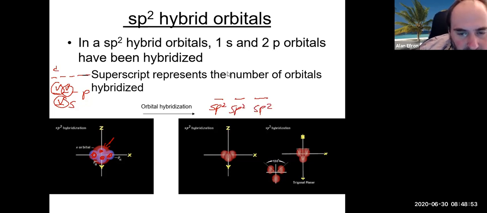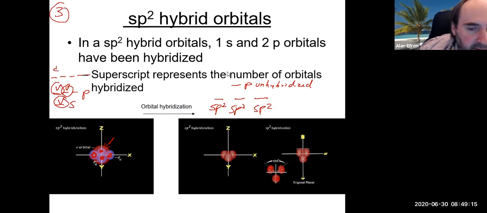And as you can see, one of those p orbitals will be unhybridized. You can see it has that same sort of shape. There's 1 hybrid orbital, 2 hybrid orbitals, and 3 hybrid orbitals there.